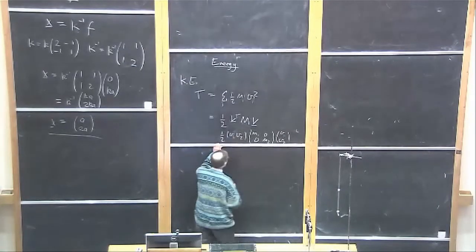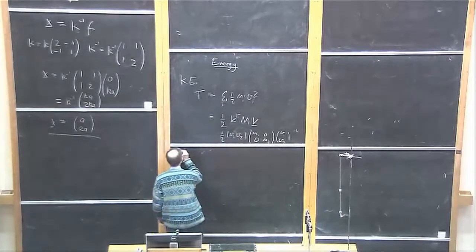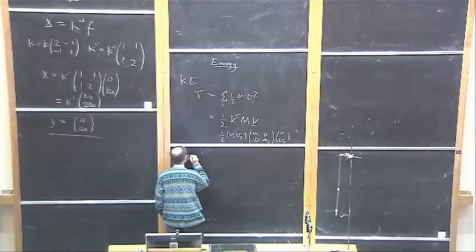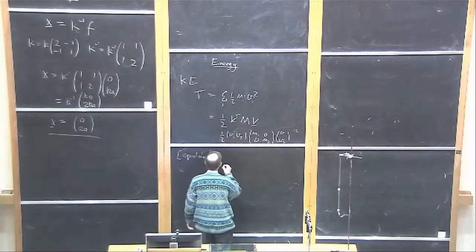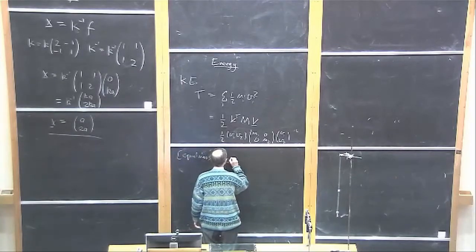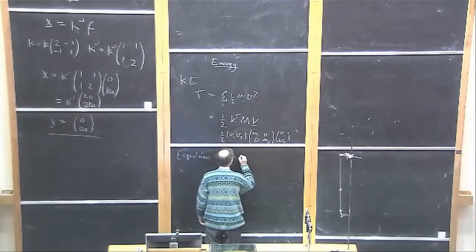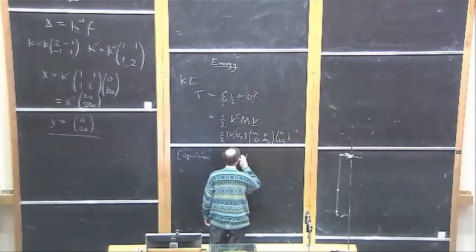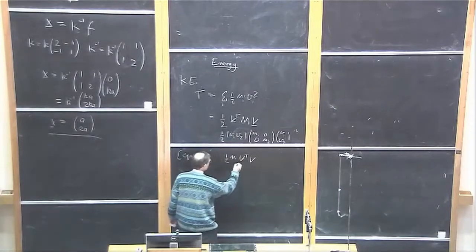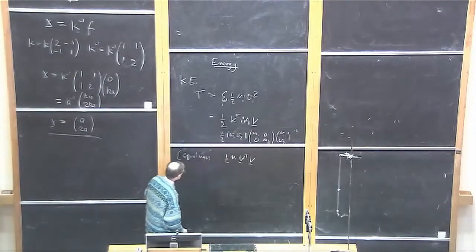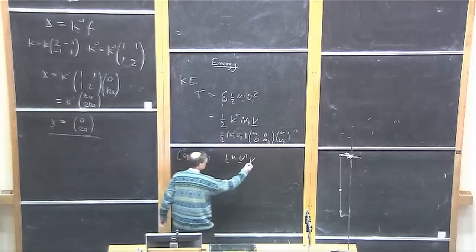Obviously, in the equal mass case, it looks cosmetically different. It will be a half, and the M comes out here, and then we just have v transpose v. So that's essentially the same.